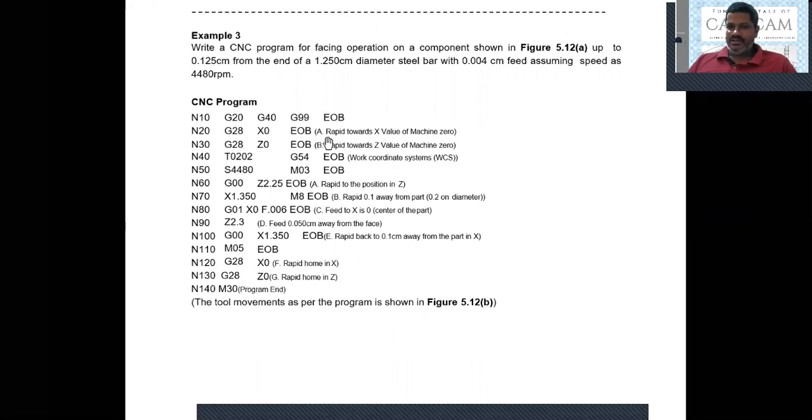That means rapid positioning of the tool to X0 and Z0. The tool may be left somewhere else, so the initial step is to move the tool to zero, the machine zero or the reference point of the machine.